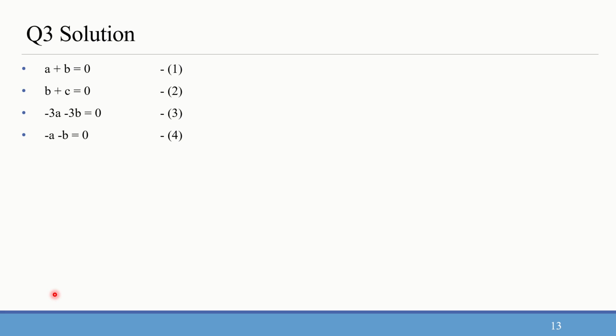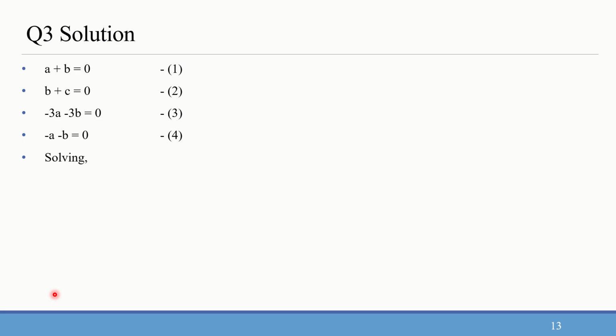We will have infinitely many solutions. So basically that is the meaning. We can have a number of solutions because there are fewer equations but more unknowns, that is 2 equations and 3 unknowns.